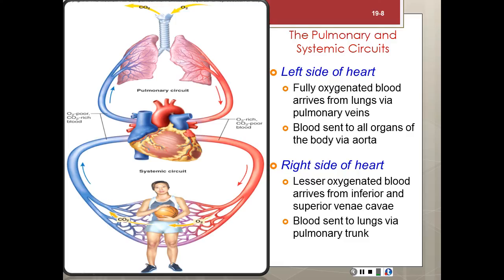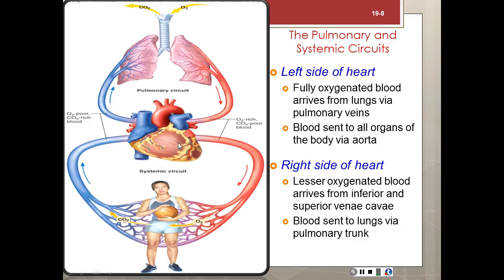Alright, so the 2 sides, the left side of the heart, as I said, fully oxygenated blood, it arrives from the lungs via the pulmonary veins. So this is after it has picked up oxygen. So here's the left side of the heart. It's picking up oxygen from the lungs and taking it back into the heart, full of oxygen.